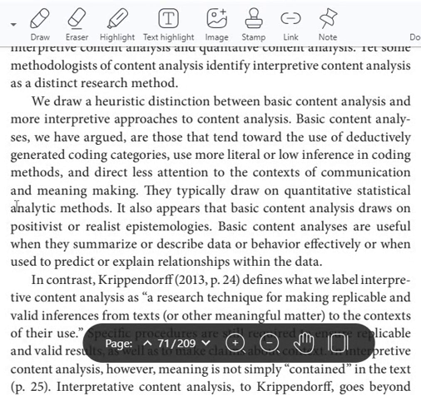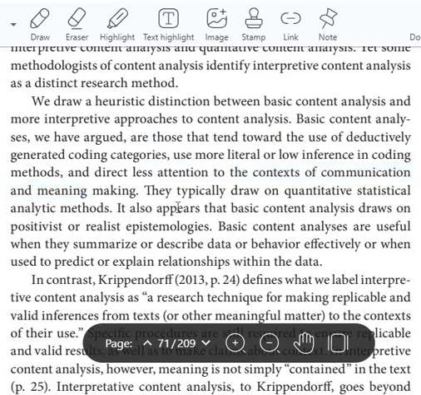The basic content analysis tends toward the use of deductively generated coding categories, uses more literal or low inference. We have very low inferences in basic content analysis. Here in this paragraph, we have less attention to the contexts of communication and meaning making. We don't focus on meaning making because we don't focus much on the latent meaning.